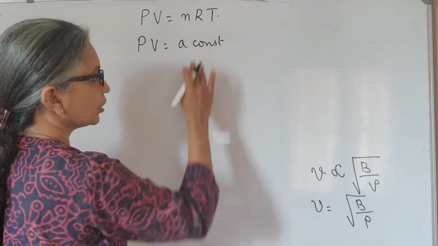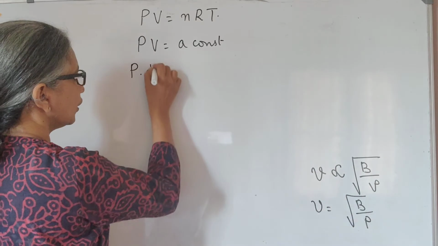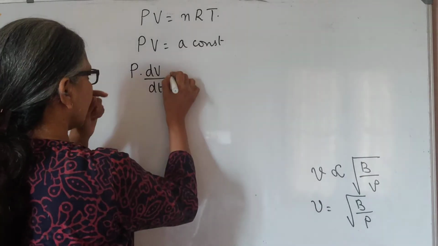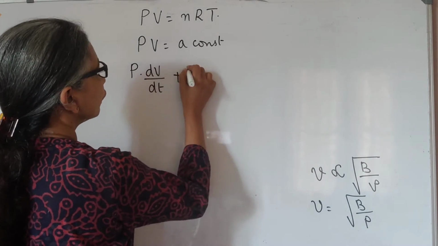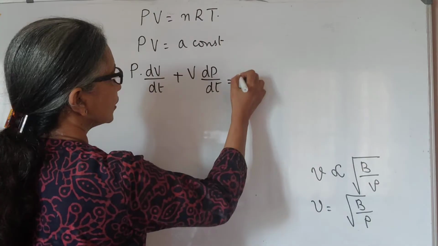And now if I differentiate this with respect to time, then this would be P into dV by dt plus V into dP by dt equal to 0.